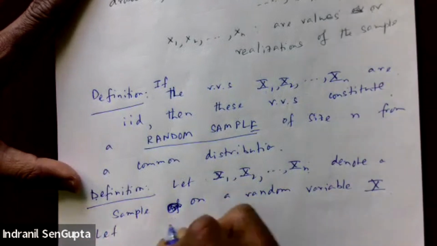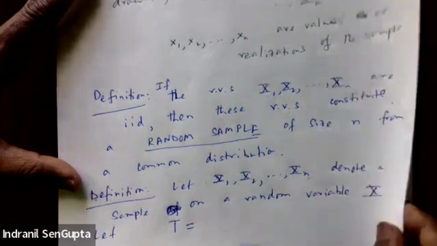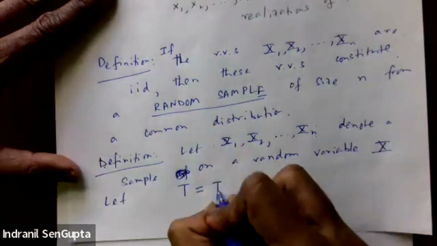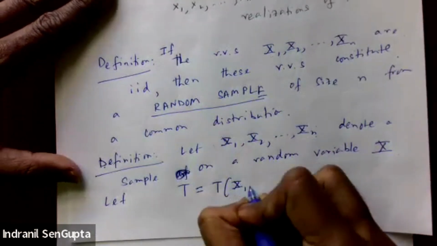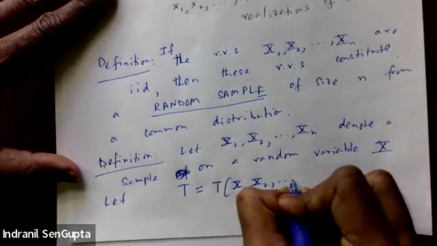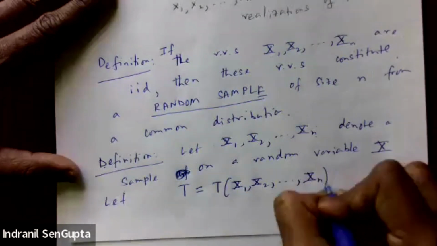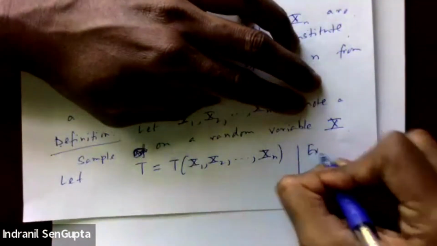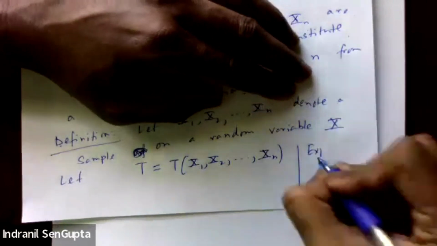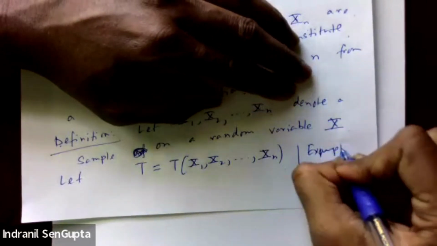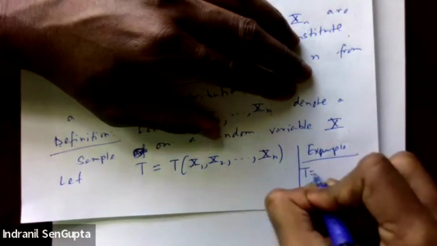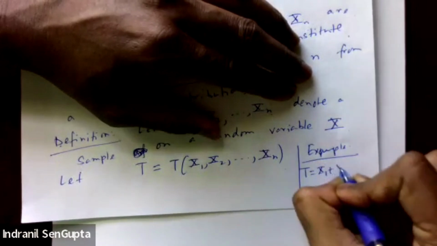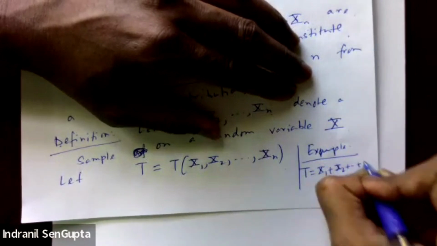Let us consider a function T, which is given by T of X1, X2, up to Xn. Please note what it is. Here is an example. Suppose T equals X1 plus X2 all the way up to Xn.